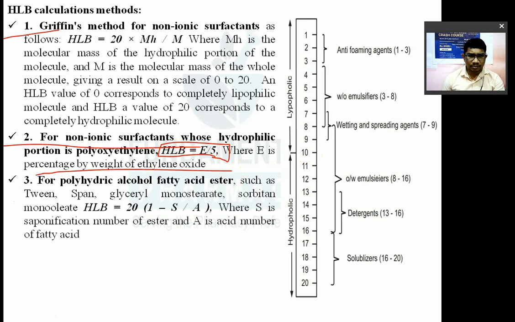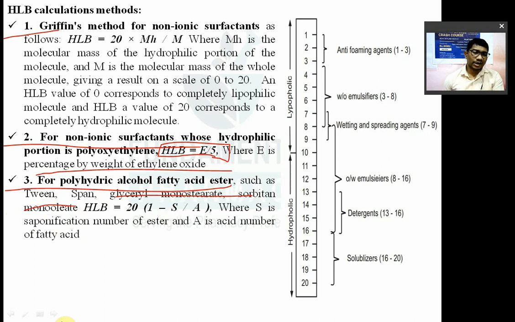Then third method है for polyhydric alcohol fatty acid esters. ये क्वेश्चन आ चुका है इसके ऊपर. So for example like Tween, Span, glyceryl monostearate, sorbitol monooleate, है ना. मतलब जो फैटी एसिड के एस्टर से पॉलीहाइड्रिक अल्कोहल फैटी एसिड एस्टर, तो उस टाइप के जो सरफेक्टेंट है उसके लिए ये फॉर्मूला है.